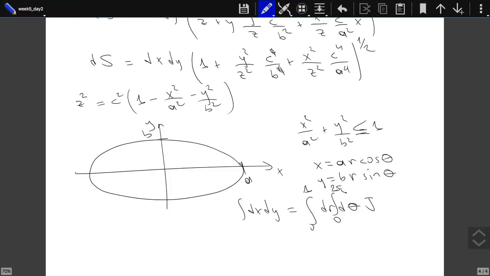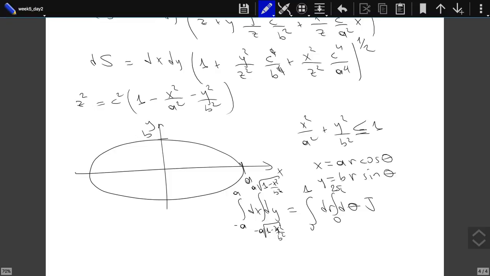If you stick with your x and y integration, you can say that x will go from minus a to a, and y will go from minus a times square root of 1 minus x squared over a squared, to plus a times square root of 1 minus x squared over a squared.